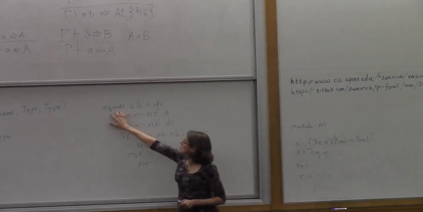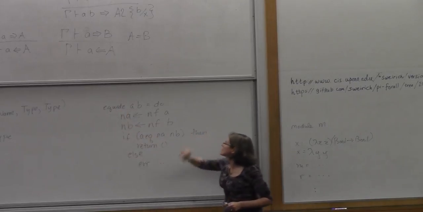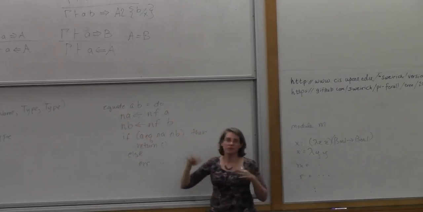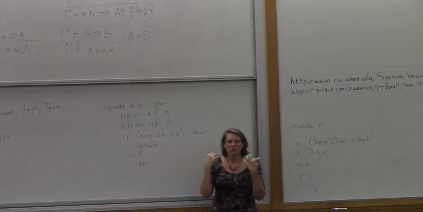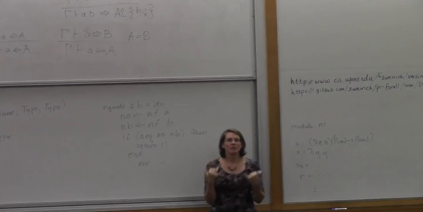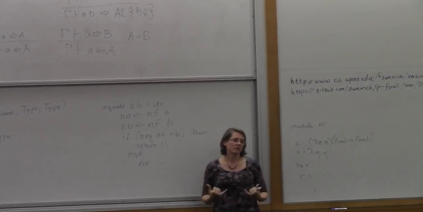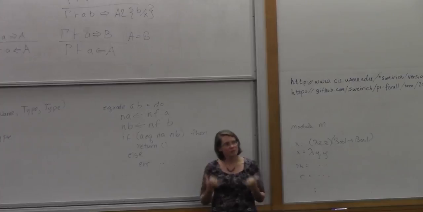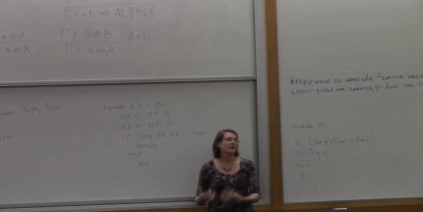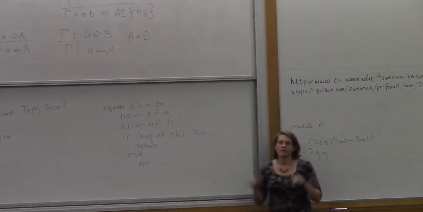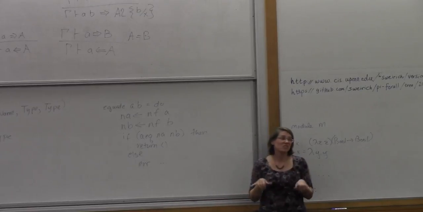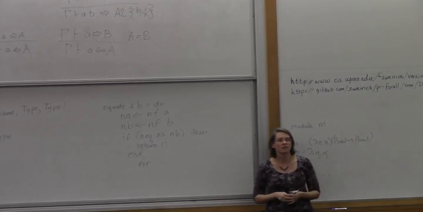The actual definition of equate checks whether the two things are already equal, because you might as well check right away. Then it weak-head normalizes them and compares their top levels. As long as the top levels match, it calls itself recursively and only then normalizes the subcomponents. If the top levels don't match, it can stop normalizing. It doesn't have to normalize all the way.